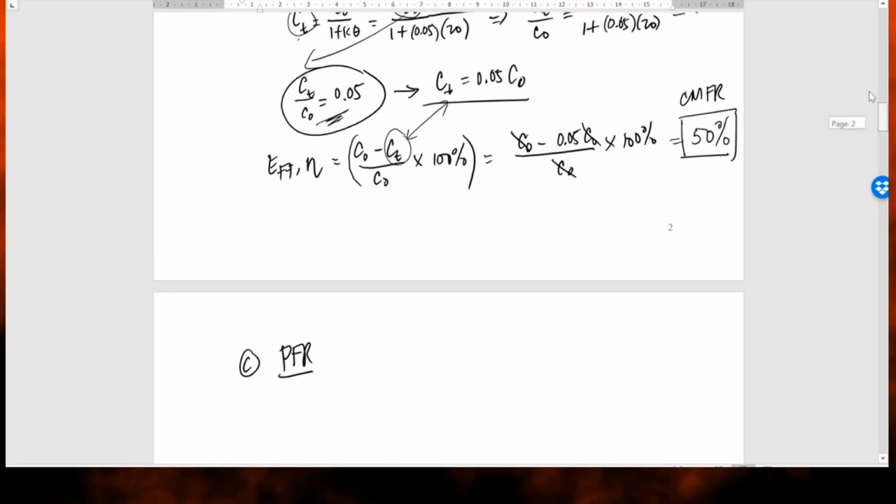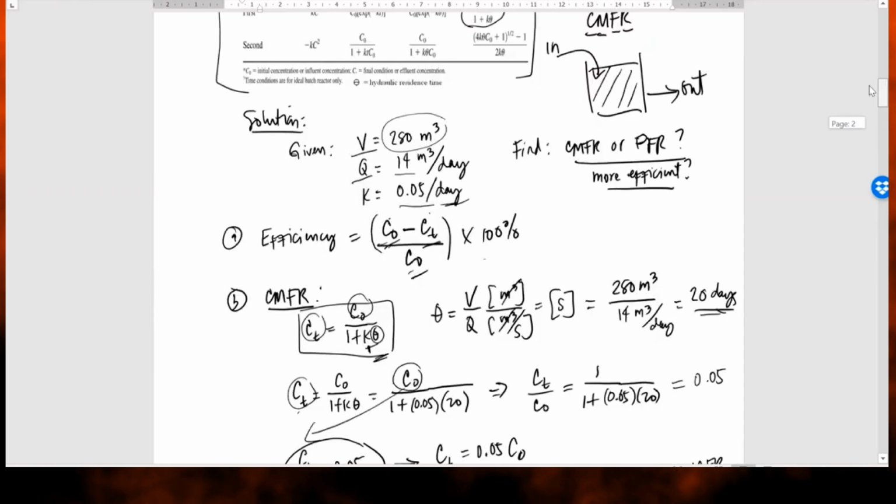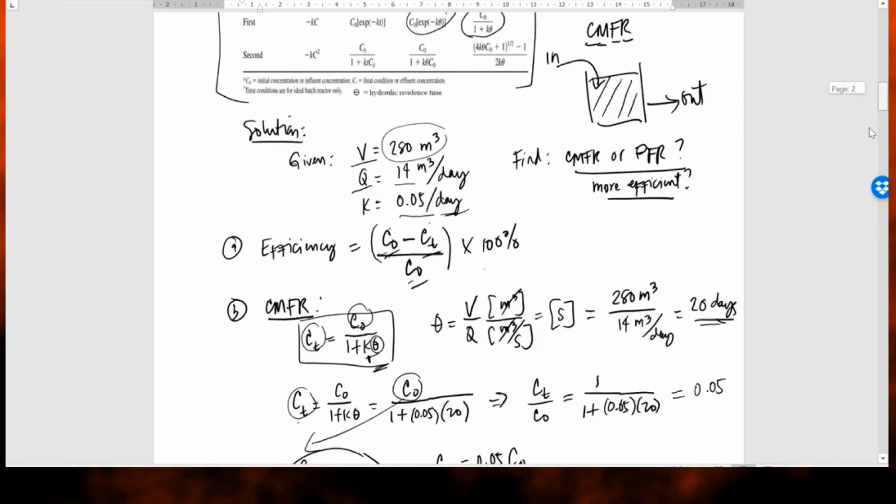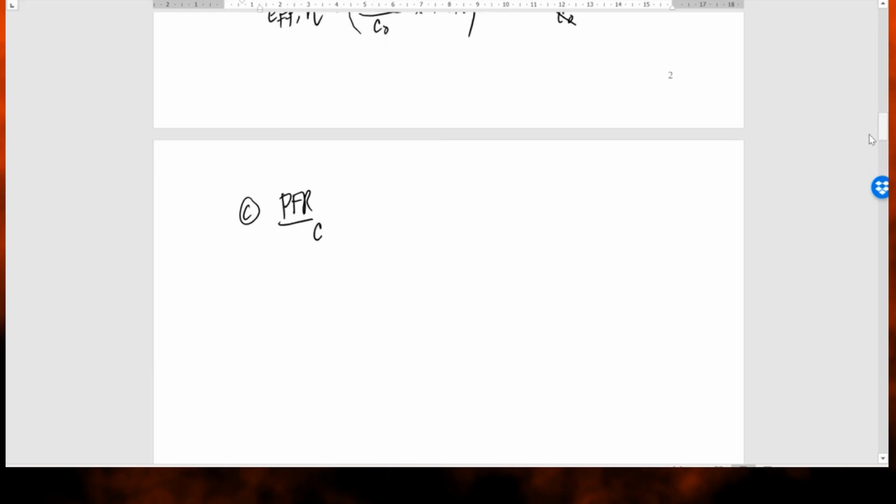The equation for a plug flow reactor is C sub T equals C naught times e to the minus K theta. That is the expression for a plug flow reactor.